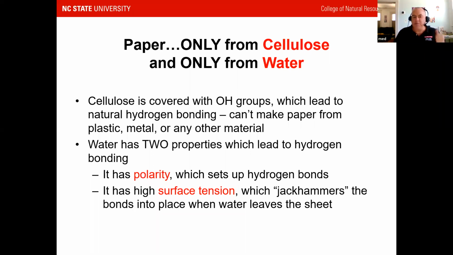Nope, it has to be cellulose only. And that cellulose has to be formed into a web using only water. Not alcohol, not propylene, not ethanol, not butanol, not anything but water, because water's polarity sets up hydrogen bonds and its surface tension jackhammers the sheet together. The two were meant to go together.